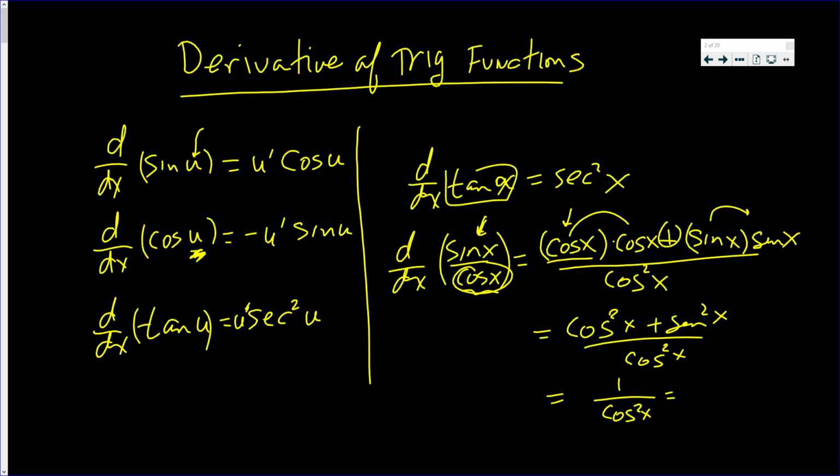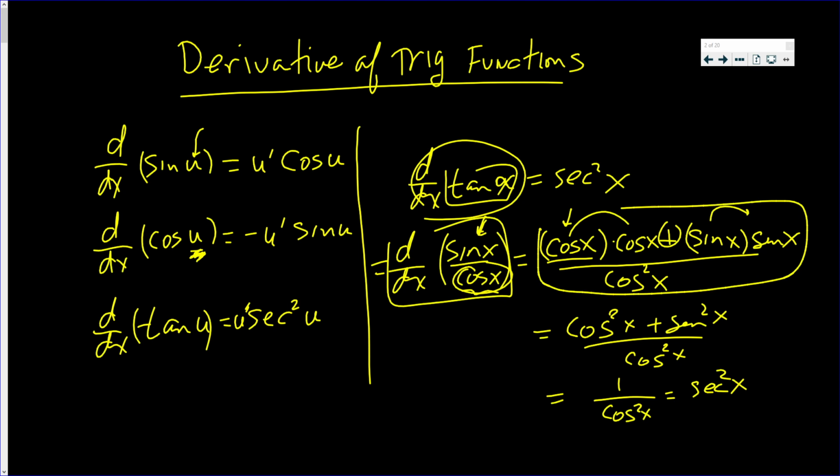But cosine x in the denominator is secant x in the numerator. But we have 2 factors of cosine x in the denominator. Ooh, look at this. We just showed that the derivative of tangent of x is secant squared x.